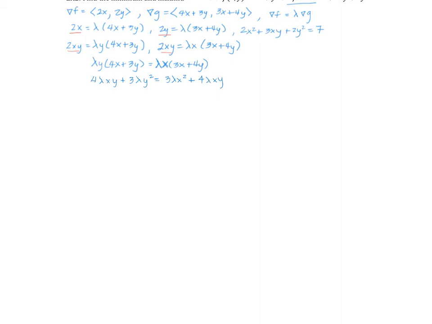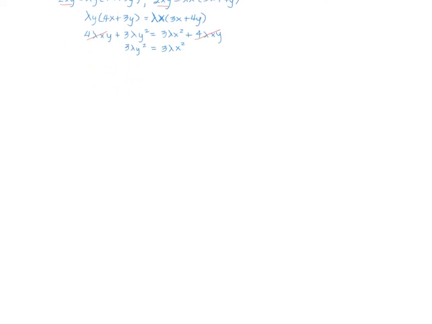So I do notice that I have a 4 lambda xy on both sides of this equation that I can subtract from both sides, which gives me 3 lambda y squared equals 3 lambda x squared. And again, I don't want to divide out by lambda because I don't know if lambda is 0. But I can divide by 3 because 3 is not 0.